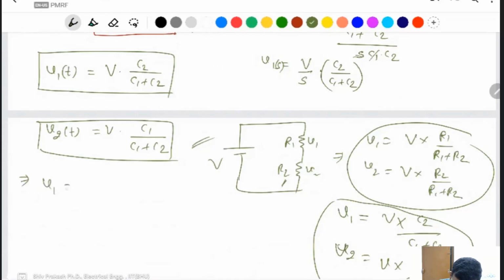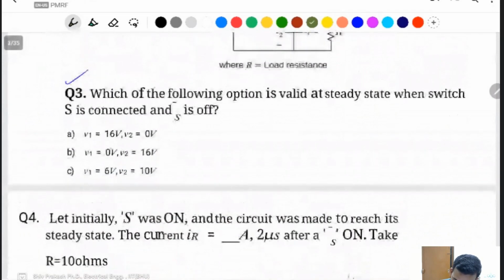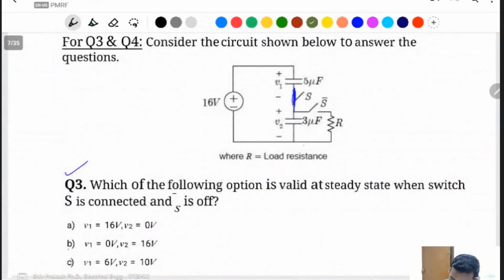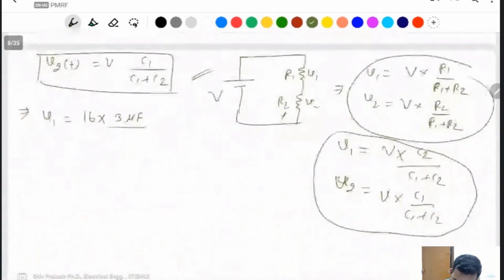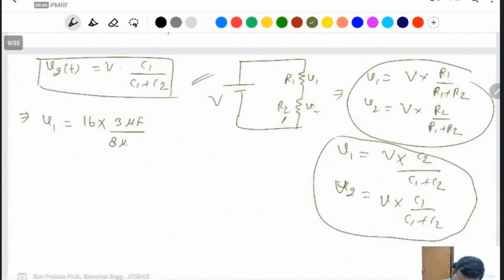And what is the V1 voltage? Total voltage is 16. C2 is 3 microfarad, and C1 plus C2 is 3 plus 5, 8 microfarad, which gives 6 volt.